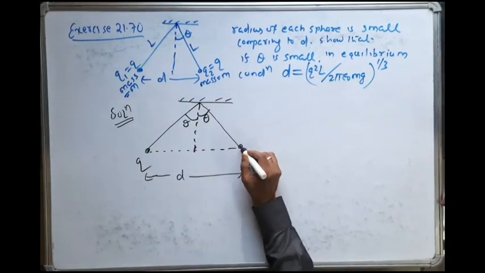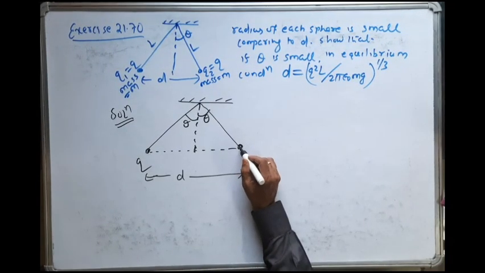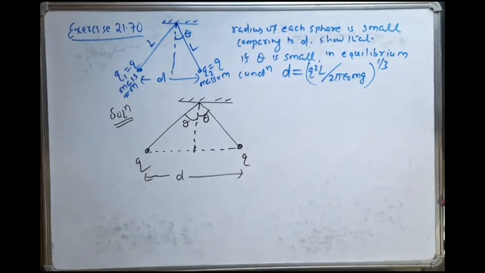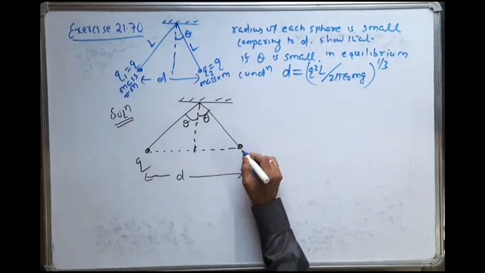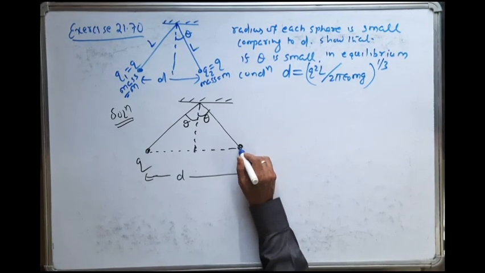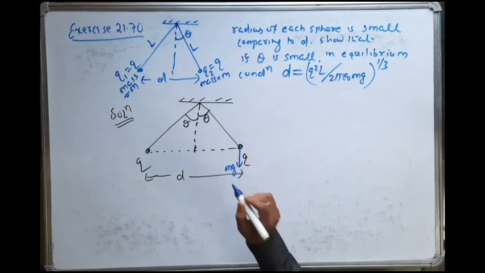Now find the various forces acting on this charged body. Immediately, the gravitational force acting on the body is downward, equal to mg.